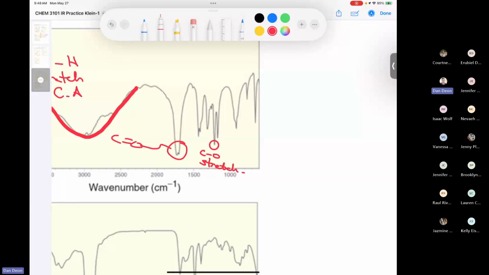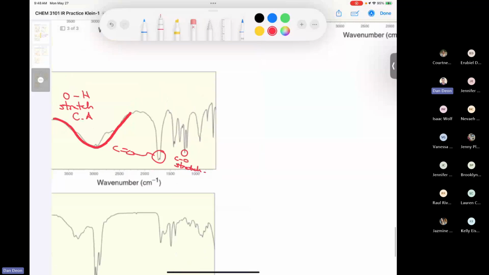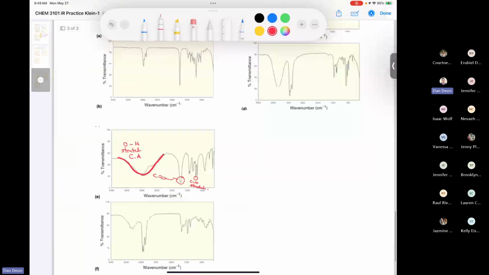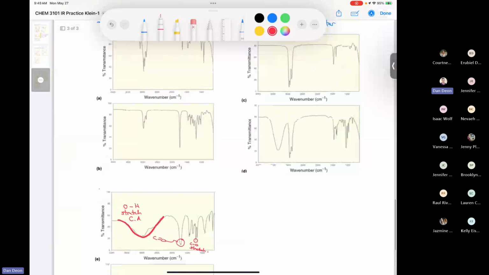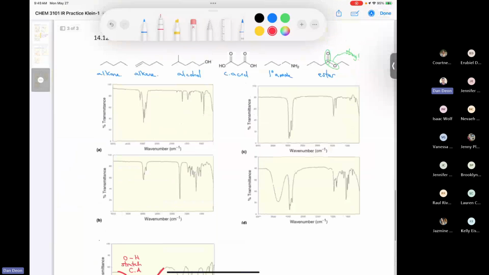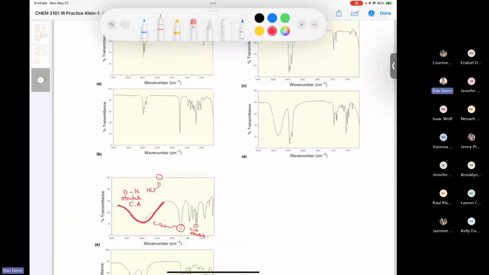The next one that's abundantly clear probably would be the alcohol, right? So we've figured out the carboxylic acid, so that would be this one here. So this is called malonic acid. Anyhow, the next one is the alcohol.